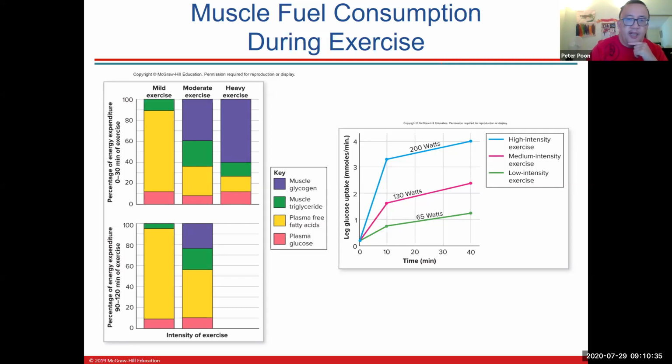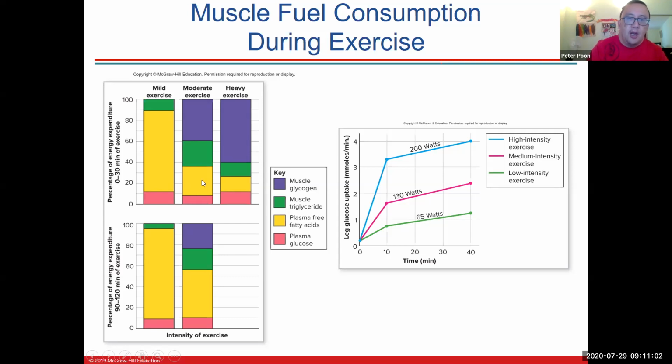So you can see here, for mild exercise, the muscle triglyceride and plasma glucose. So percentage of energy expenditure.